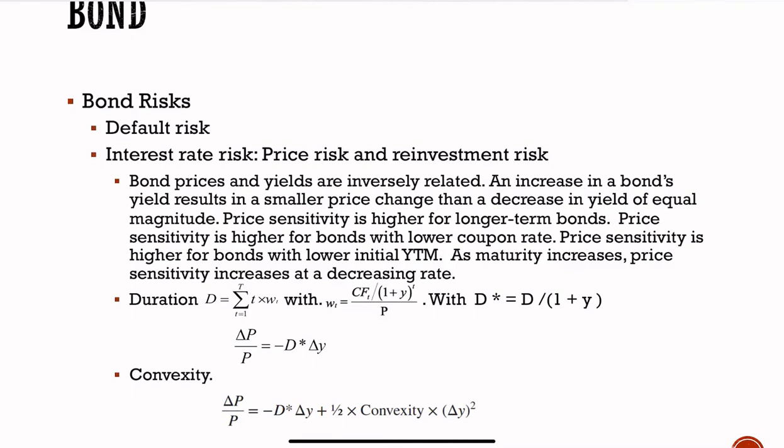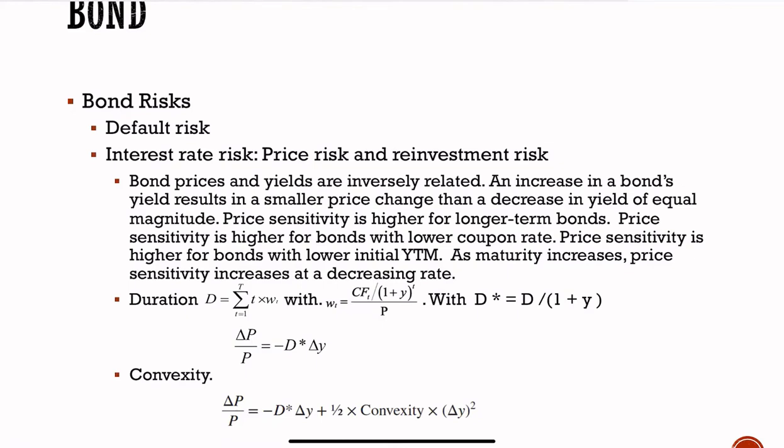And then you have the reinvestment risk. This is related to the coupon payments. It says that for each coupon payment, you have to reinvest it. And after getting your coupon payment, there is some uncertainty in what kind of interest rate you can invest at, right?